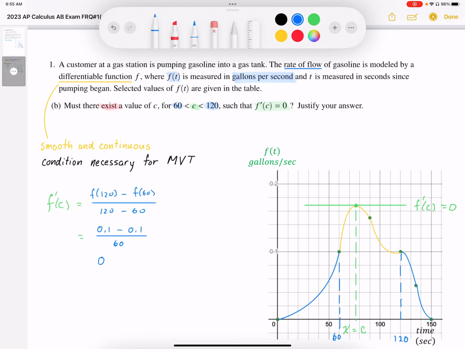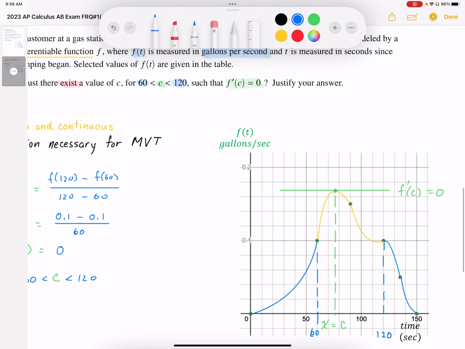If the average slope is equal to 0, then we know that there must exist some point c with that same slope, and that c must exist between those endpoints of 60 seconds and 120 seconds. So we've justified our answer based on the mean value theorem. We've made sure that we've established the conditions for the mean value theorem.